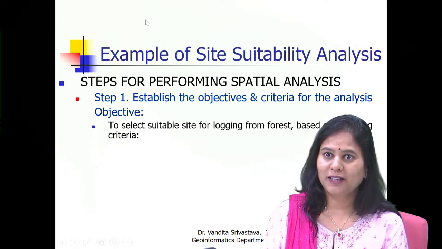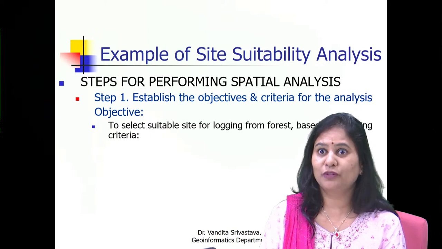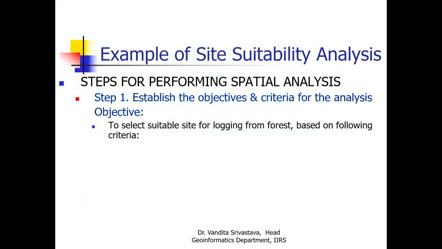Now you all know that logging from a forest could be very serious if the environment is not taken care of. It could harm our environment. So if I am a techno manager who wants to log trees from a forest, as a timber company I wish to earn profit, but then I don't want to harm the environment.